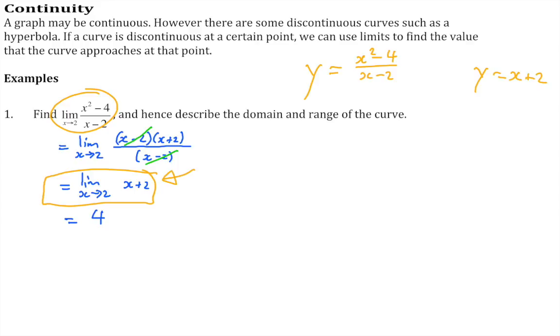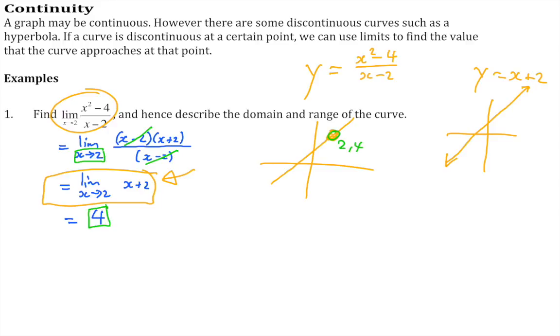But the difference is y equals x plus 2 looks something like this, and it goes forever. Y equals x squared take 4 on x take 2 goes like this, except there is one point somewhere about there that's got an open circle, so there's nothing coloured in inside it. Open circle there with nothing inside it, and that would be the point 2, 4. Out 2, up 4, there's a break in the line.